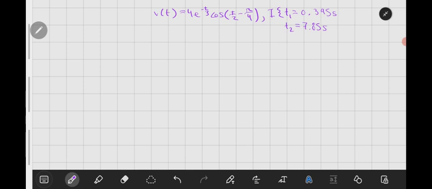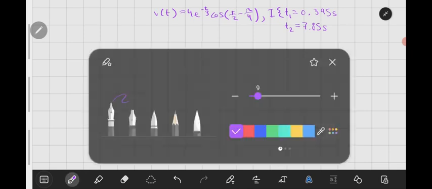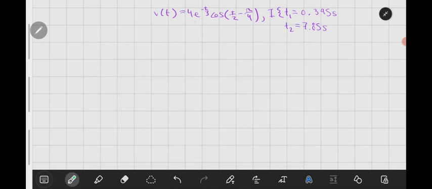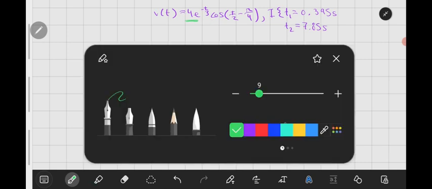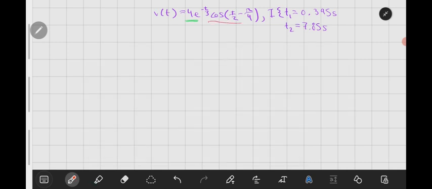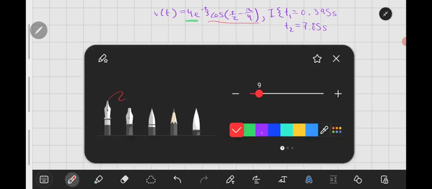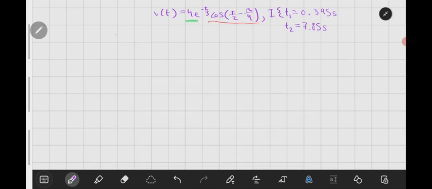Okay, so now given that we have a function with both a base e and a cos, we will have to use integration by parts.